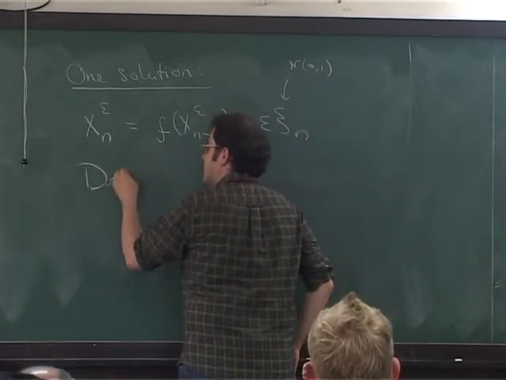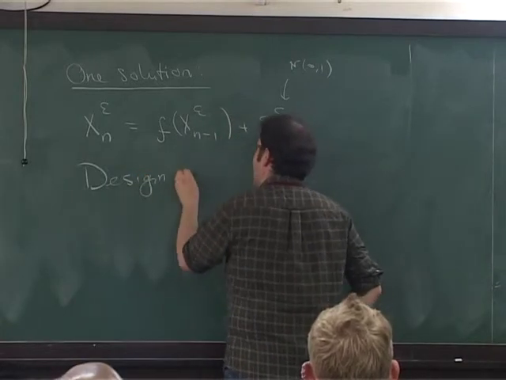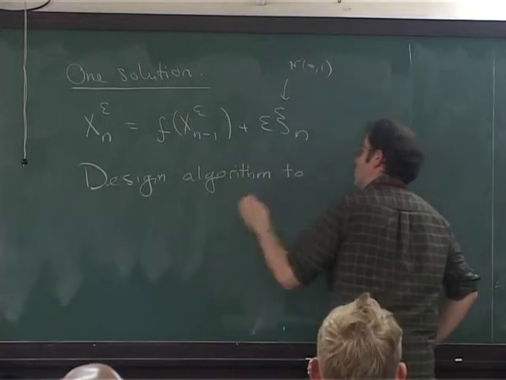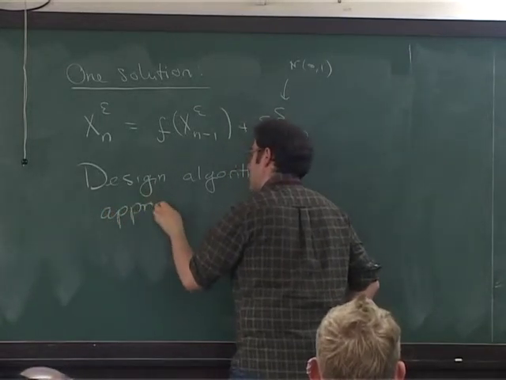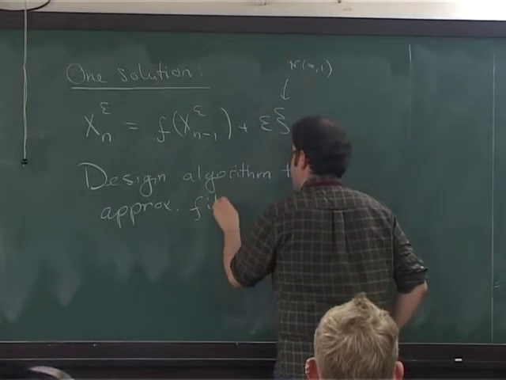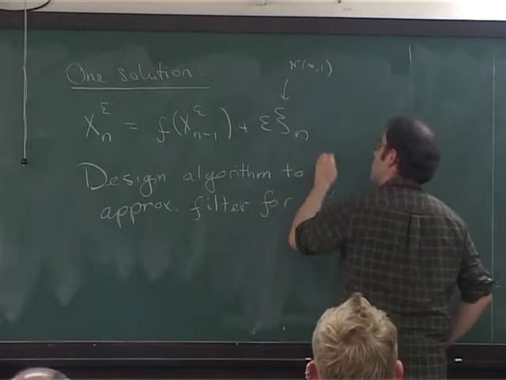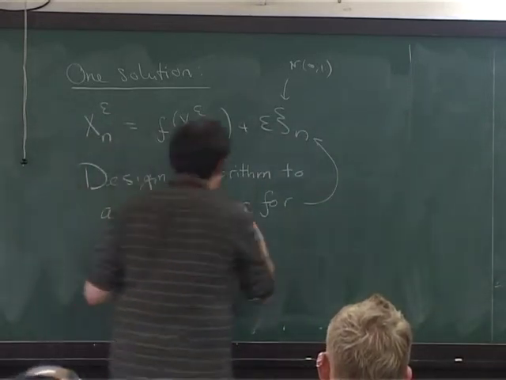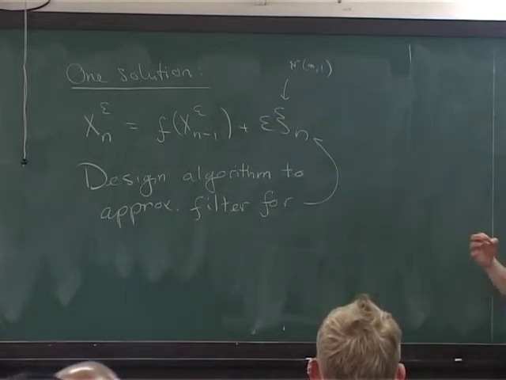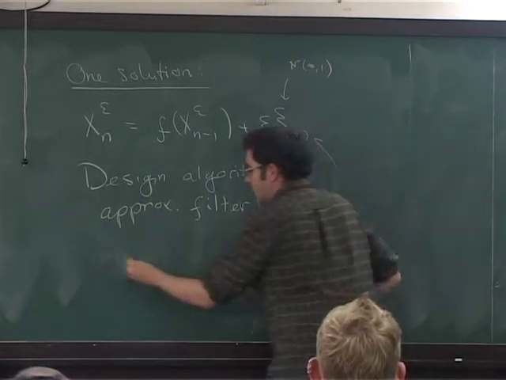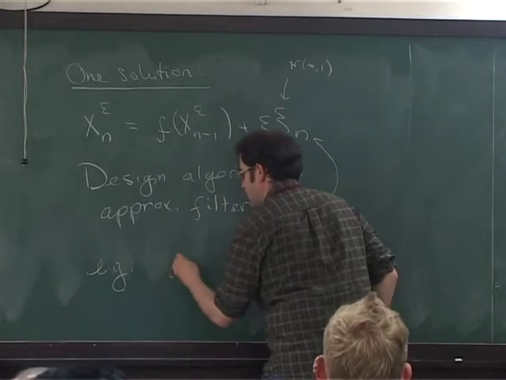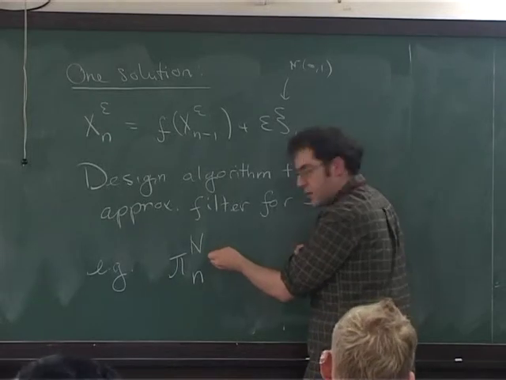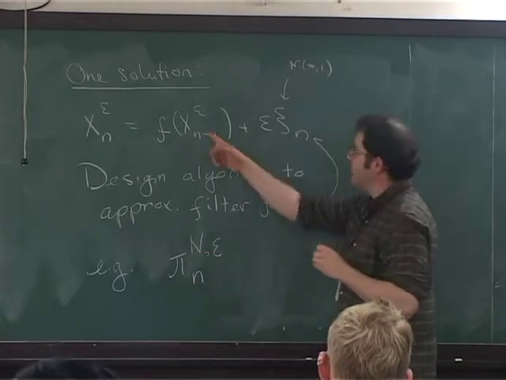And then design whatever algorithm you're using, so for example, a particle filter, to approximate the filter for this perturbed model. But of course, you really are running it on the unperturbed model, but you're going to design your algorithm to run on this perturbed model. So for example, if you have a particle filter, I'm going to run a particle filter with big N samples, but designed based on this perturbed model.